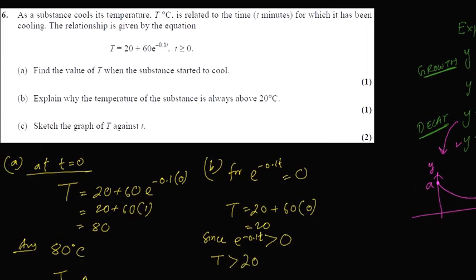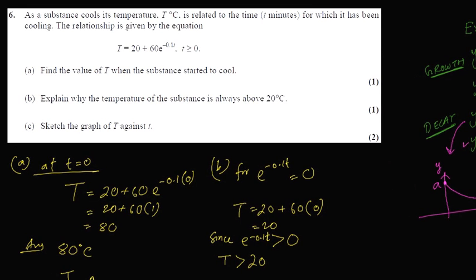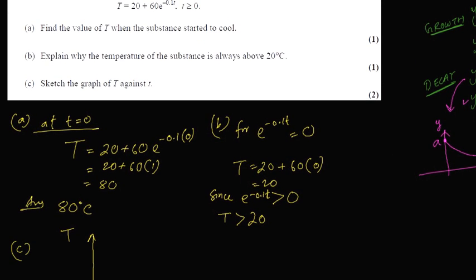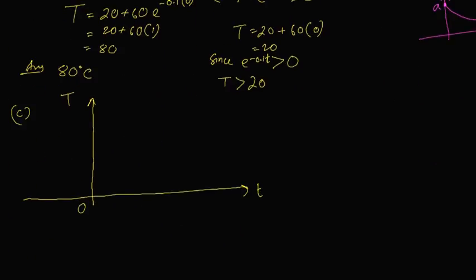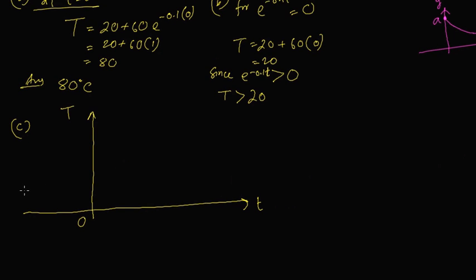So for this particular sketch that we have to do, this one is plus 20, so our asymptote would be at 20. So 20, this is our asymptote. Now if this 20 was not there, remember it would be 60.